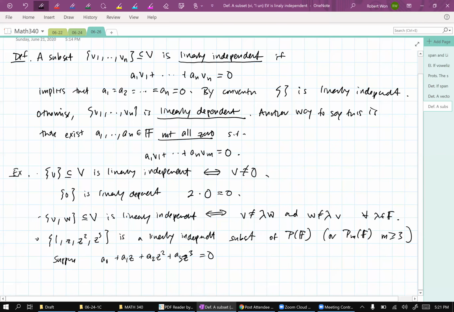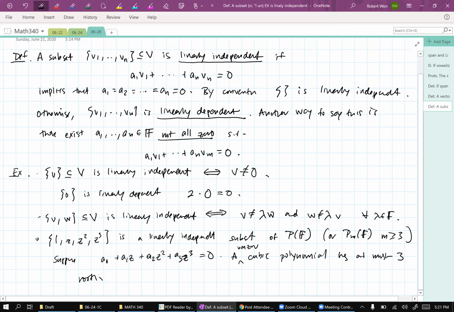Well, what is the 0 vector in the set of polynomials? It's the constant polynomial 0. So what this says is that this polynomial is the constant polynomial 0. But a non-zero cubic polynomial has at most 3 roots counted with multiplicity.